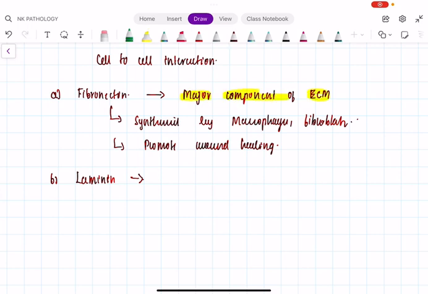Laminin is the most abundant glycoprotein in the basement membrane. This is a straight away MCQ question, you can't miss it. Most abundant glycoprotein in basement membrane. It's a straight one-liner. Answer is laminin.